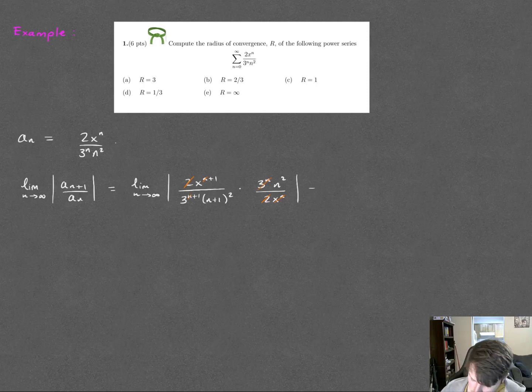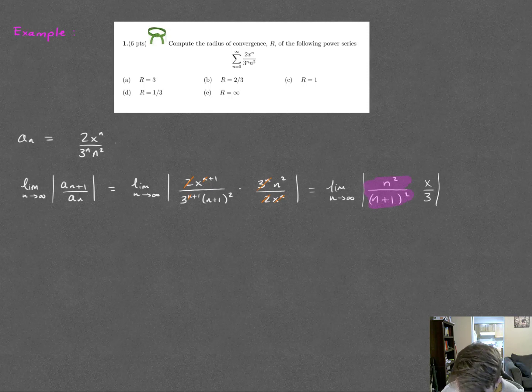And we are just left with the limit as n goes to infinity of n squared over n plus 1 squared, times x over 3. Now, this n squared over n plus 1 squared goes to 1, because the power on the top is the same as the power on the bottom.